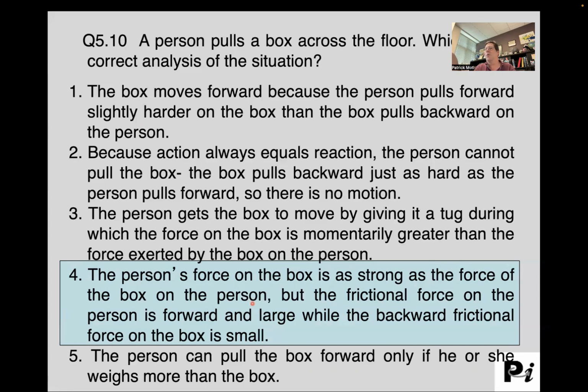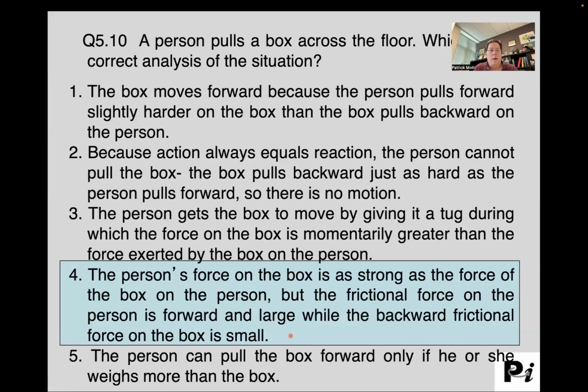If that forward force on you is greater than the backwards pull from the box, then you can accelerate the box forward. And so that is possible if I have a net force pointing forward.